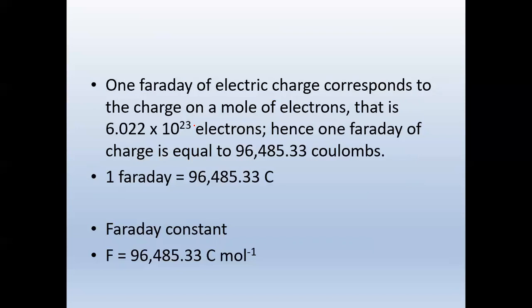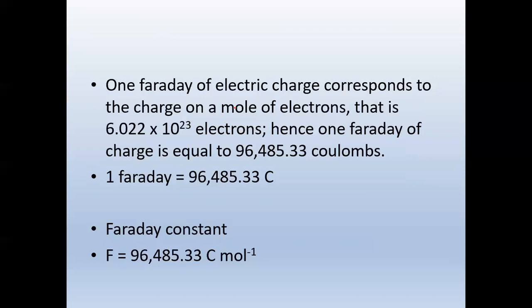Next, again, this one is from the electrochemistry chapter. 1 Faraday of electric charge corresponds to the charge on a mole of electrons. That is, if it is said that you have 1 Faraday of electric charge, then it means that 6.022 into 10 raised to 23 electrons will be present in that.